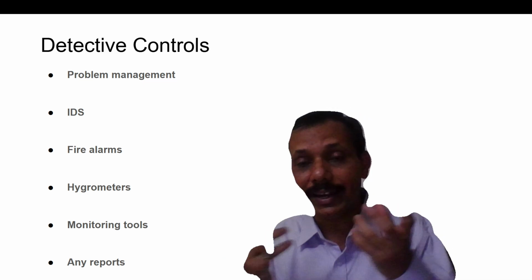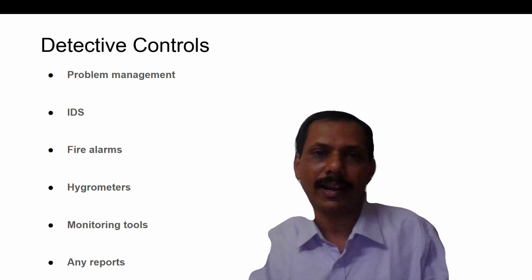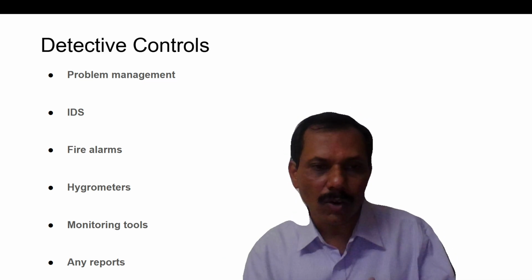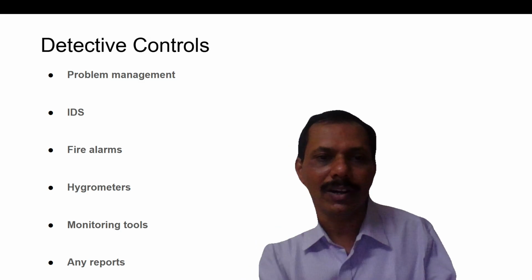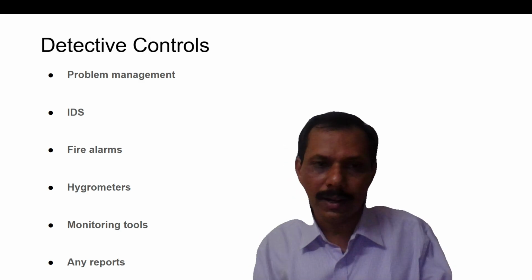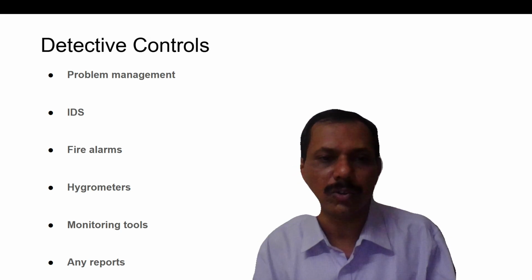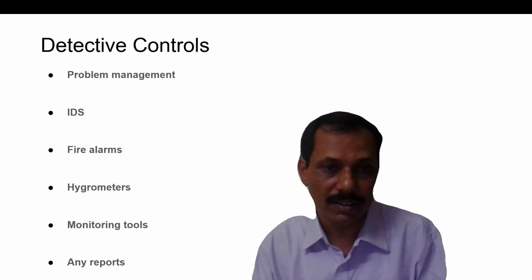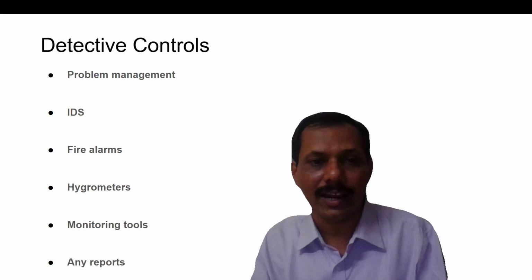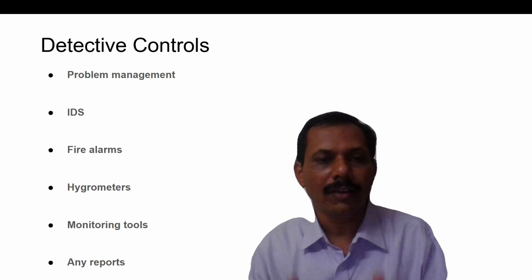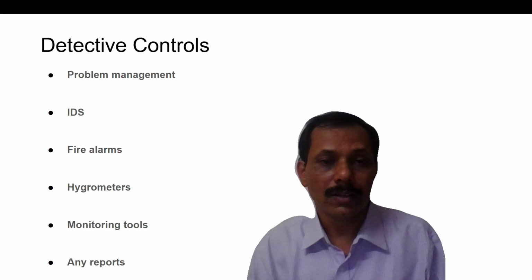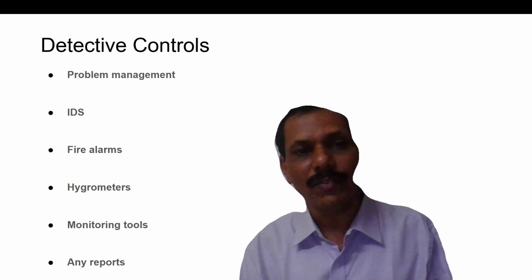The report will detect something, that the project is off track. As of today you should have completed 70% of the project, but you have completed only 63%, so you are lagging 7%. That report will detect that you are not on track and will alert you. So these are some examples of detective controls.